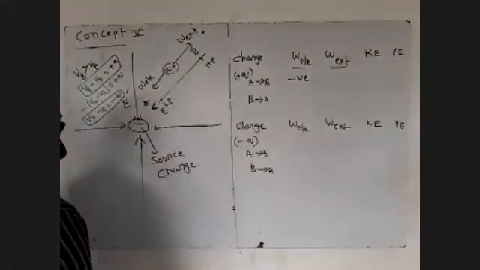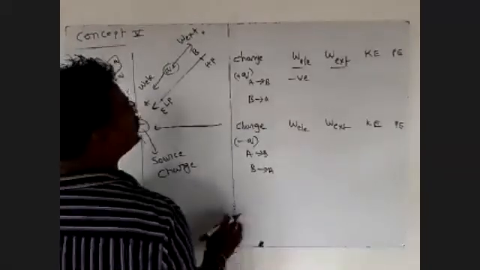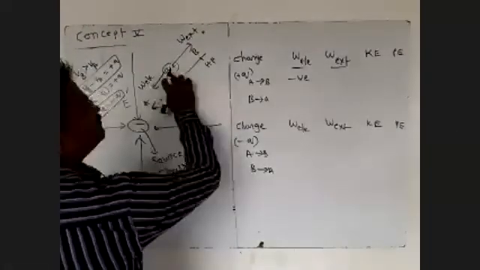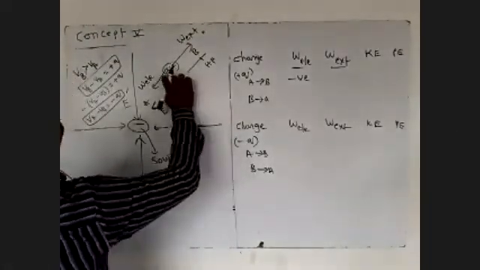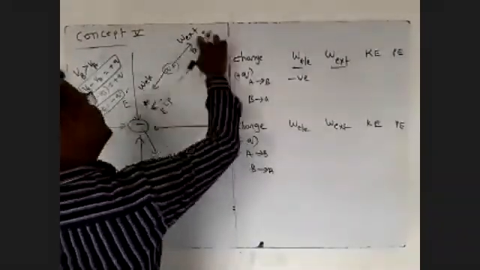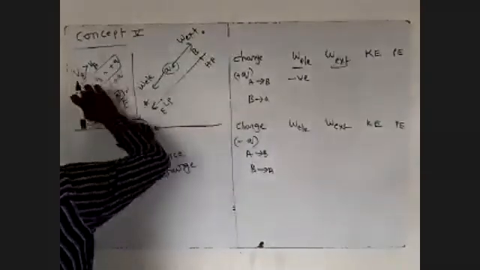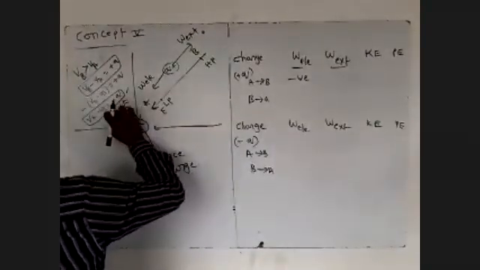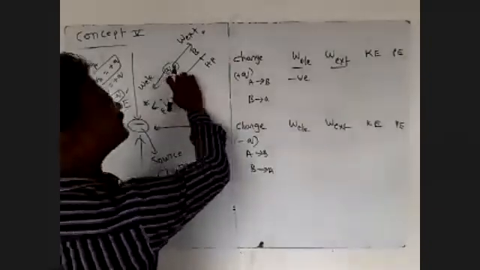So next, the work done. This is a positive charge, and the external work done. This positive charge moves from A to B. A to B means external.